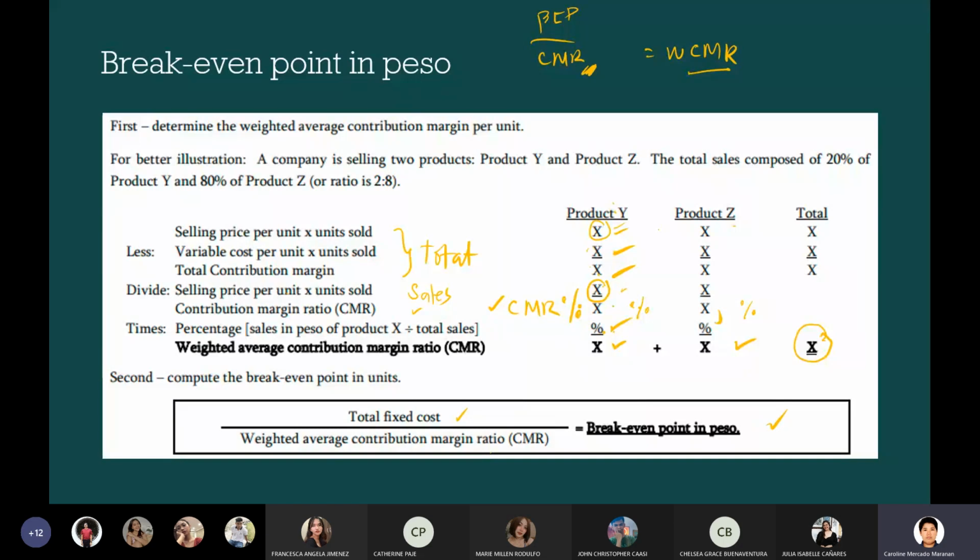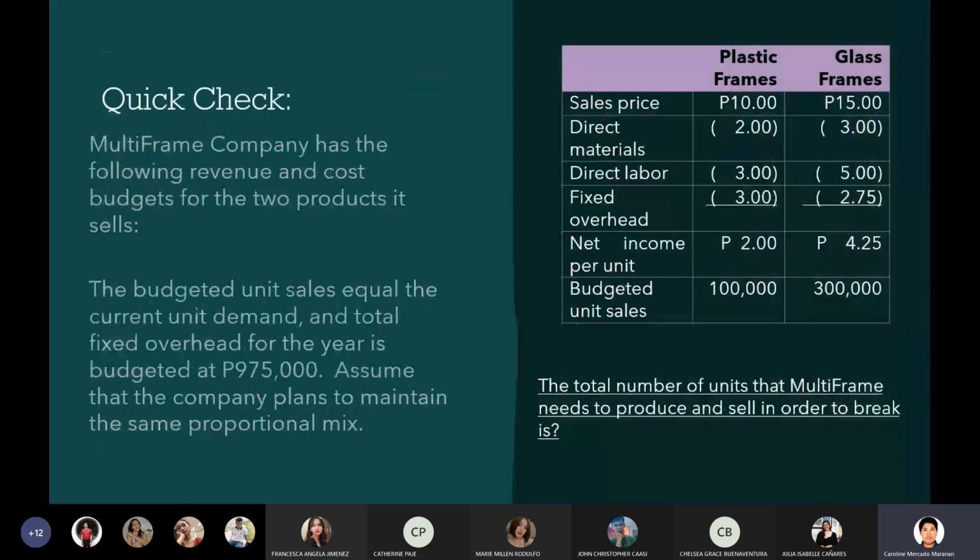So, tingnan natin para mas clear. Ilagay natin dito sa ating example. Multi-frame company has the following revenue and cost budget for 2 products. So, yung products niya ay plastic frames and glass frames. So, the budgeted unit sales equal the current unit demand.